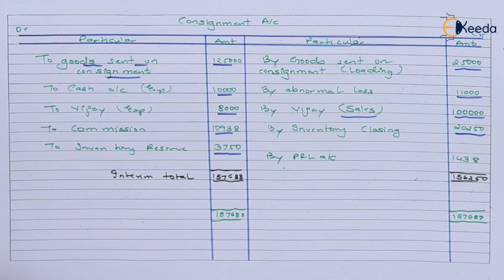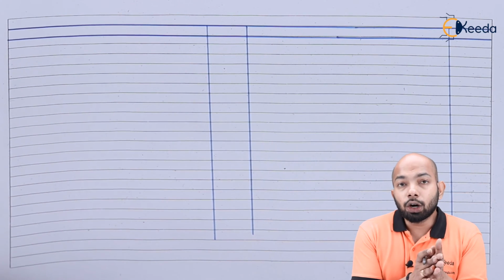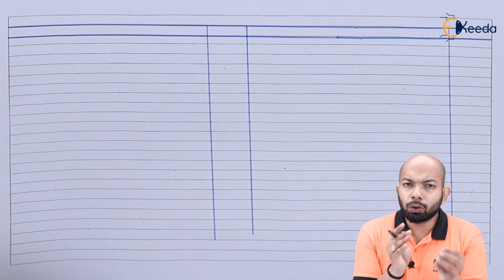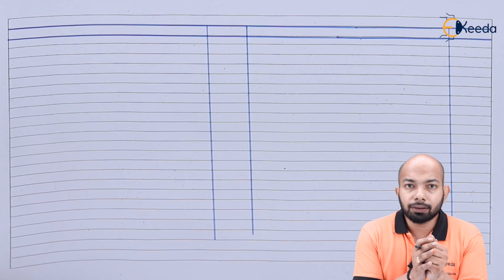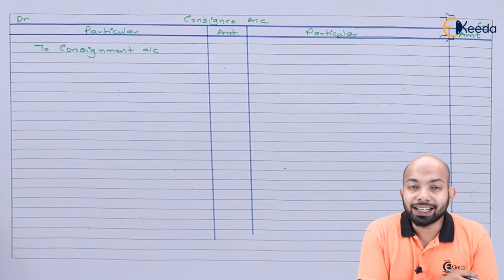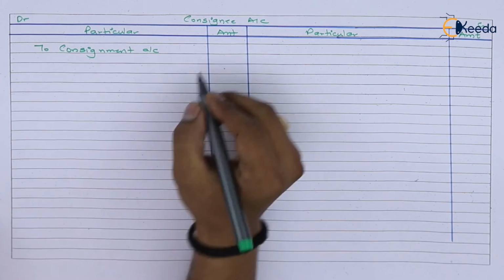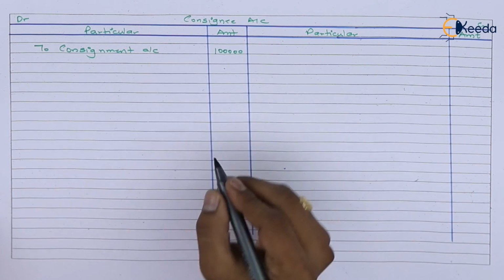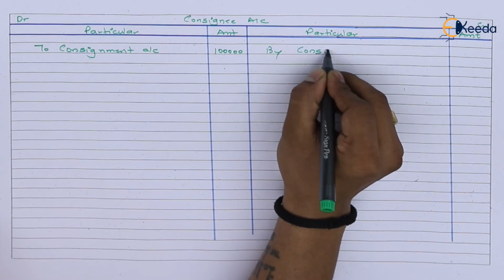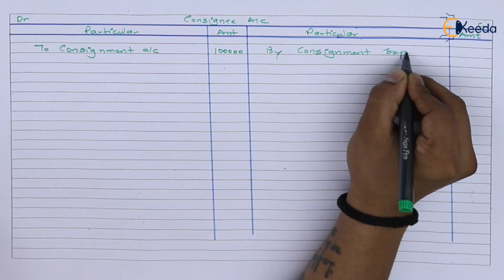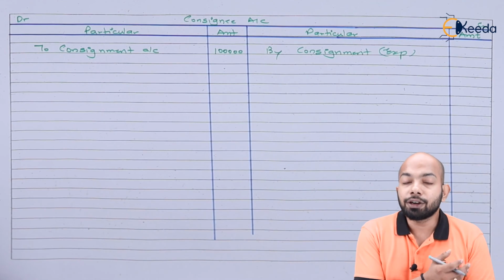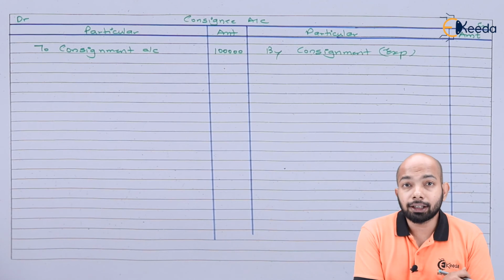Let's prepare the consignee account now. Now the consignee account will have only limited entries, so there are only a few entries that we have to discuss here. So the first entry on the debit side of the consignee will be to the consignment account, that is 1 lakh that was sent out. On the credit side will be the first entry, that is the reimbursement of 8,000 rupees.